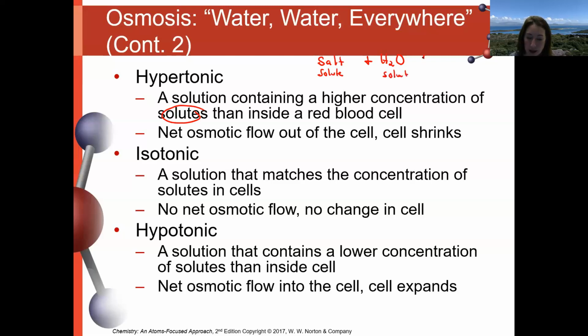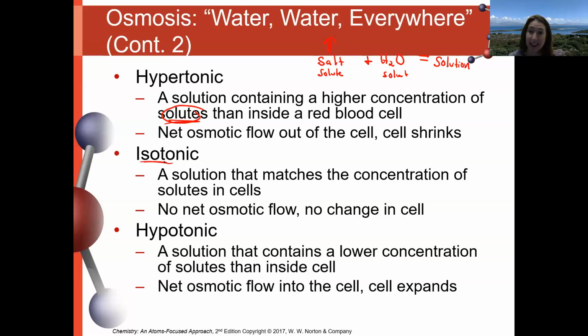When we add those together, they make the solution. So a solution, meaning salt and water, contains way more solute than inside the red blood cell. And so the water goes out of the cell to try and make the concentration the same.